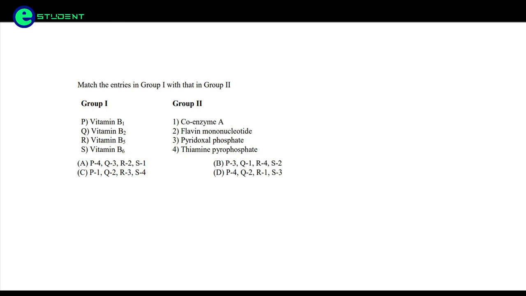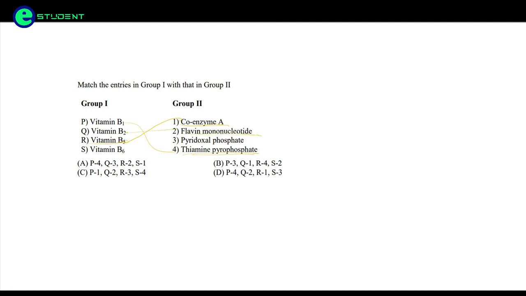So vitamin B1 is involved with thiamine pyrophosphate. Okay, vitamin B5 is the coenzyme, coenzyme A here. Vitamin B2 is also known as riboflavin, so here flavin mononucleotide.